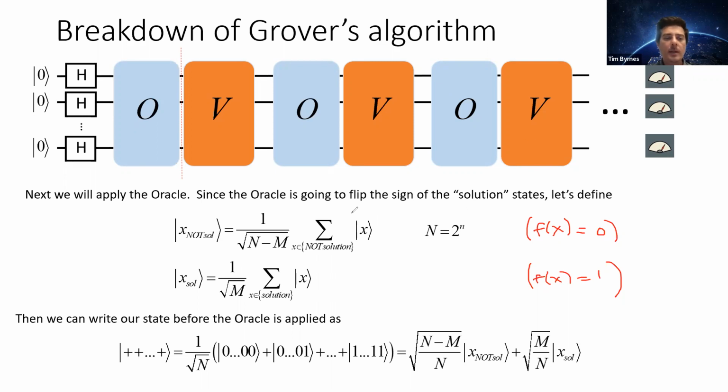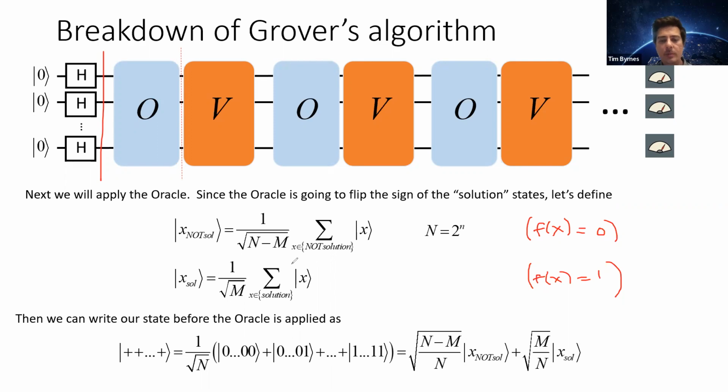So let's go back to this point in the circuit. Let's write this initial state, which is a superposition of all the possible states, in terms of these two vectors here: the x not solution and the x solution.